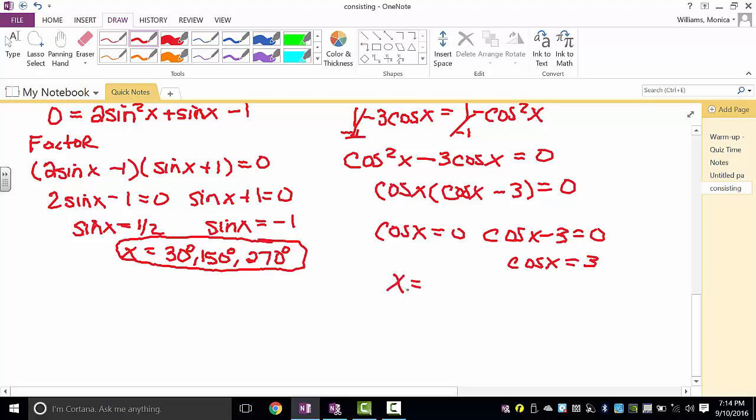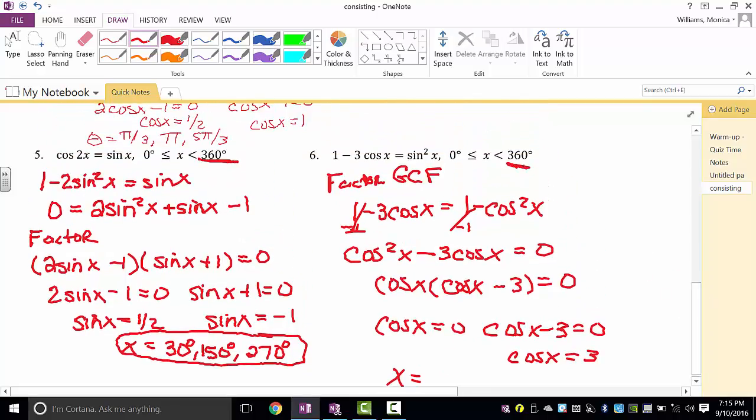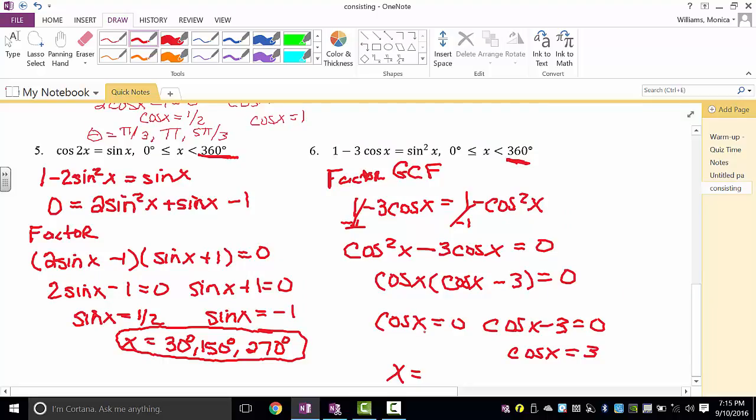So you go around the unit circle and we're looking for all locations where cosine equals 0, because we should know that cosine doesn't equal 3 anywhere because the radius of a unit circle is 1. So cosine x equals 0 in degrees at 90 degrees and 270 degrees.